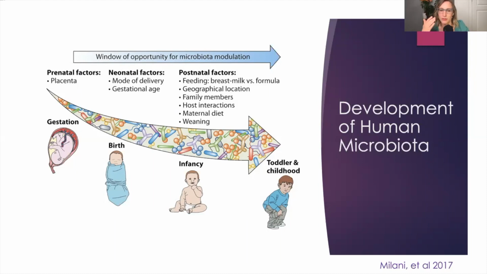So we give them a little nasal tube and they're given a little formula. Now that formula is different than what you would give a full-term baby, but it's still stomach and intestinal feeding. So what do we know about that? Well, we know that babies born C-section, babies given formula, typically get an overactive immune system because of all of these other factors that I was just explaining to you.